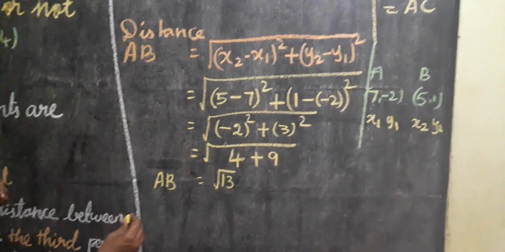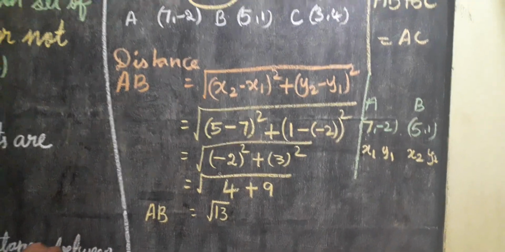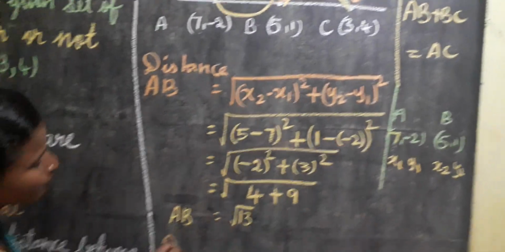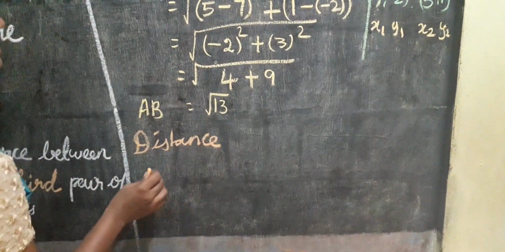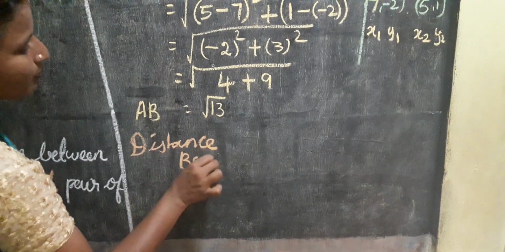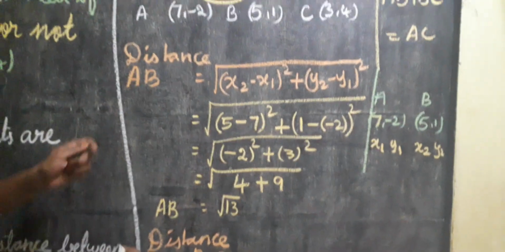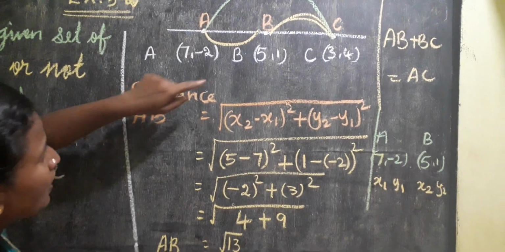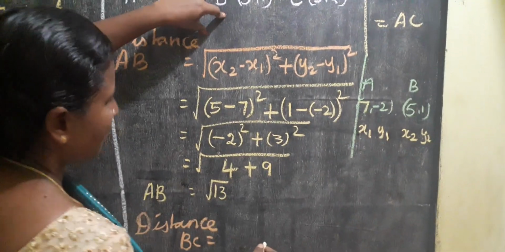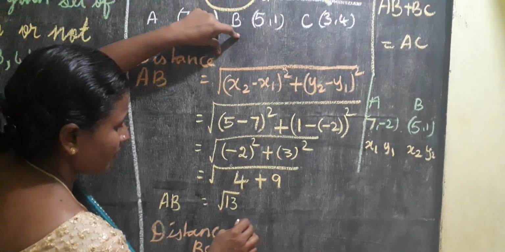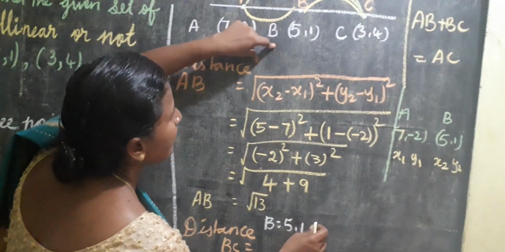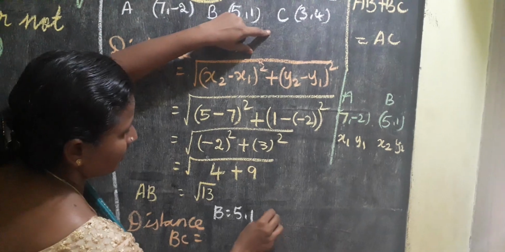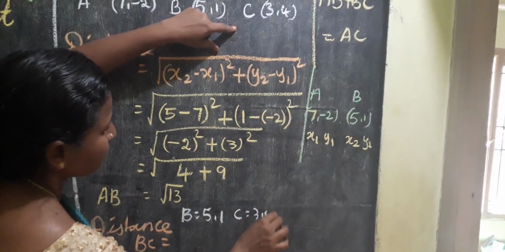And next we have to find the distance between which one? BC. Distance BC is equal to. What is the value of B? 5, 1. And the value of C is 3, 4.